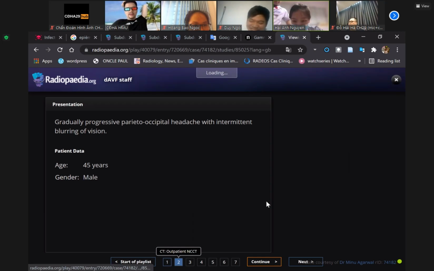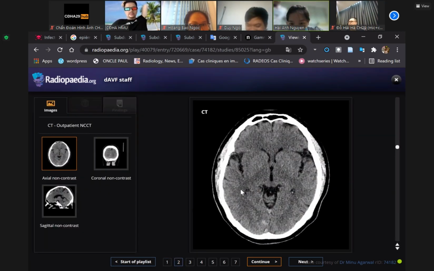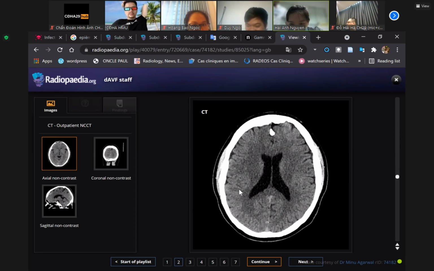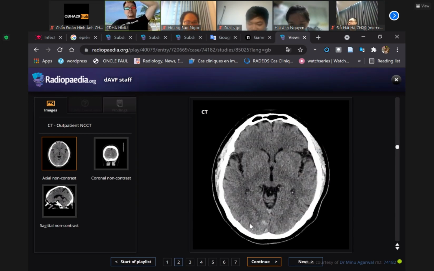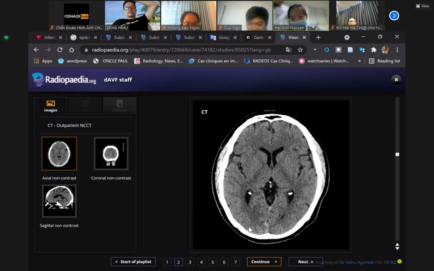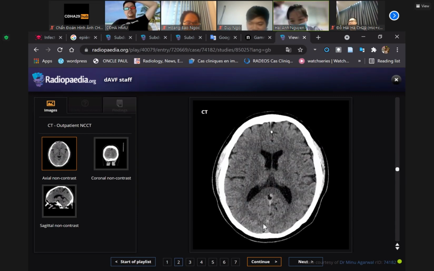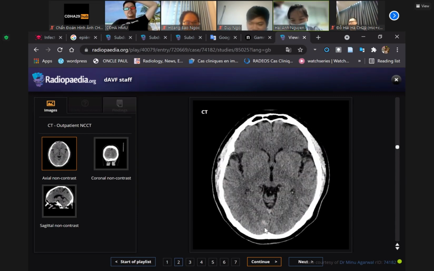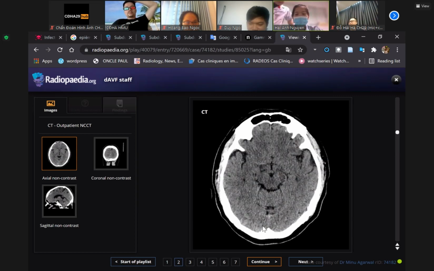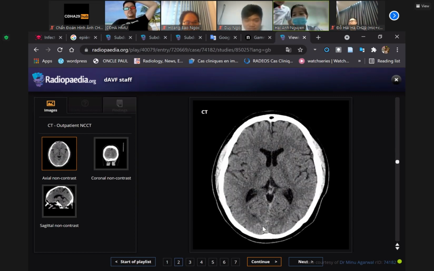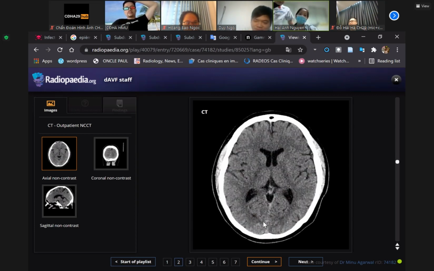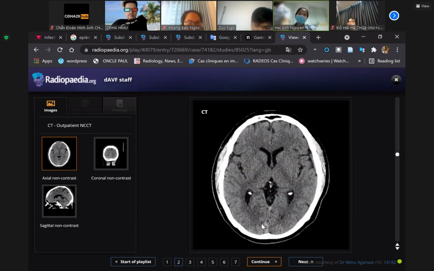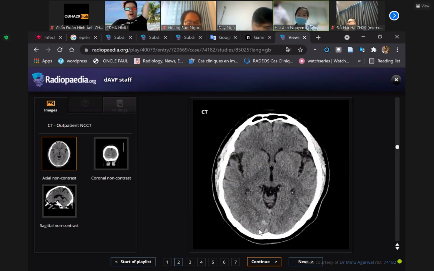There is a little bit of hemorrhage, subarachnoid hemorrhage, very close to the SSS, in the posterior, close to this SSS.